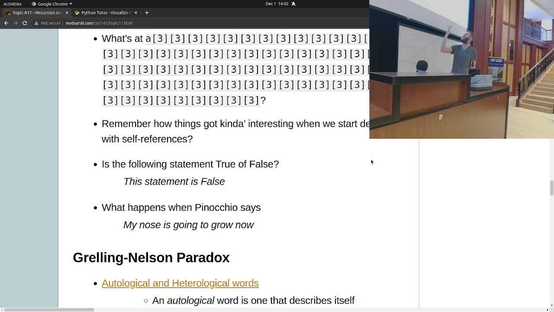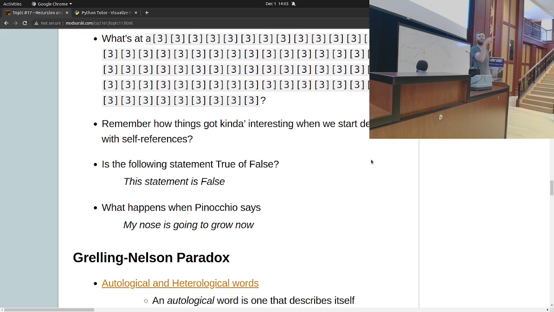But we are in a funny situation if we say this statement is false. Because if I start by believing that statement, let's assume that statement is true. If it's true, it tells me it's false. But that can't be right. Because if it's true and it tells me it's false, then I need to believe that it's false. But it was just true.